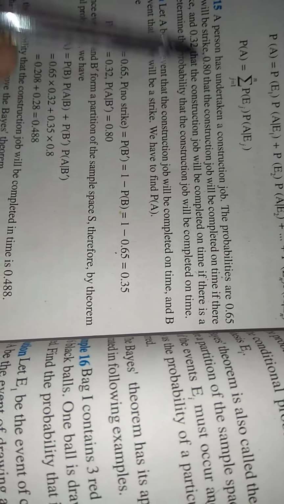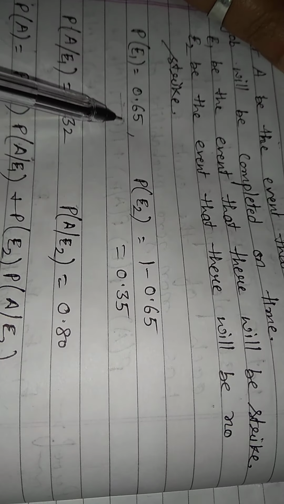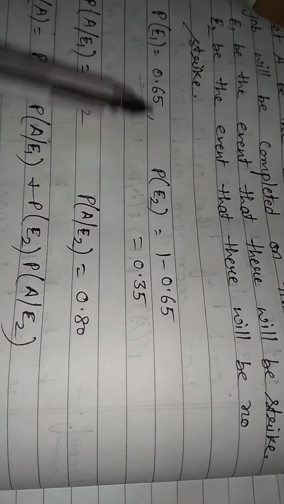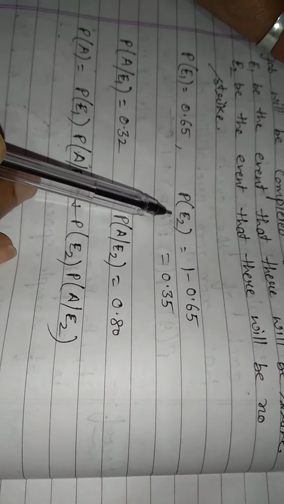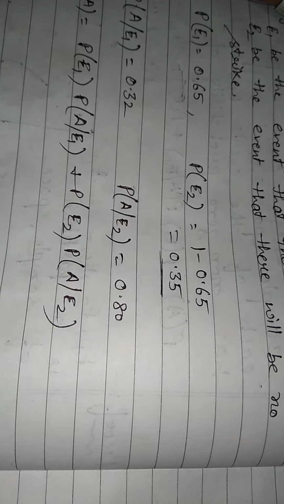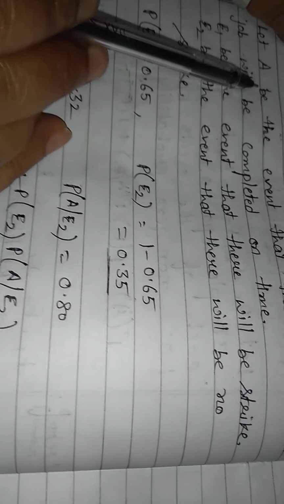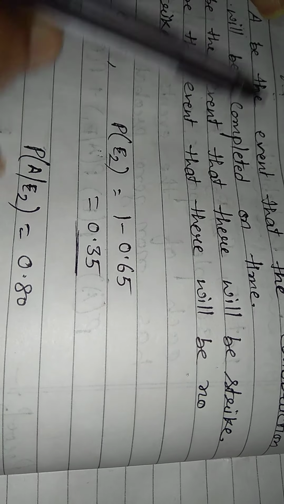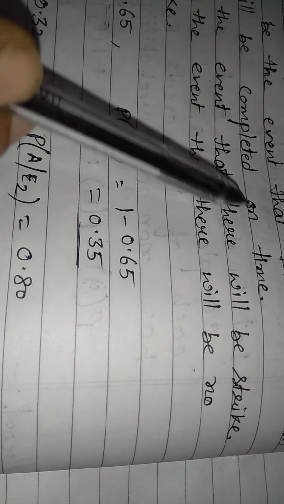That is, the probability of a strike is 0.65. So P(E1) is equal to 0.65, and we will find P(E2), no strike, by 1 minus 0.65. This is 0.35. And we have to find the probability of event A, that the construction job will be completed on time.